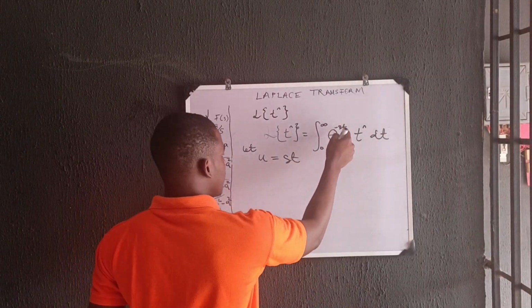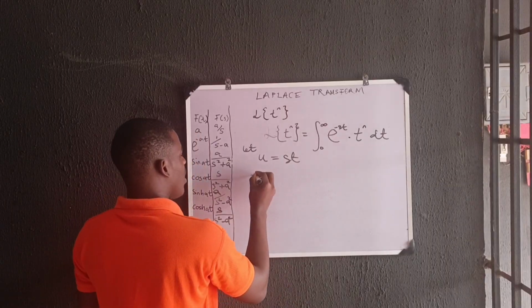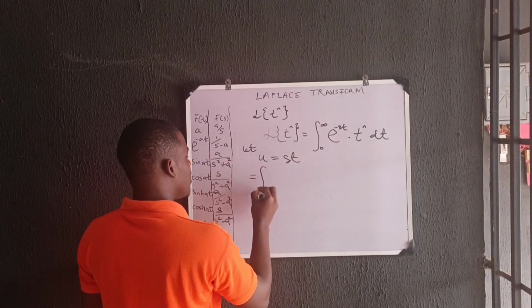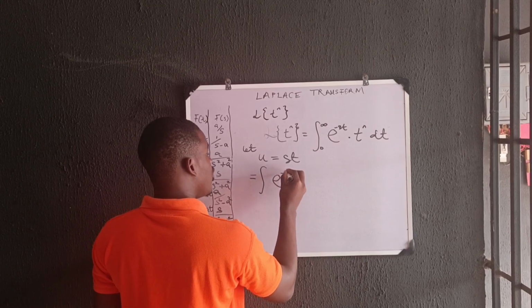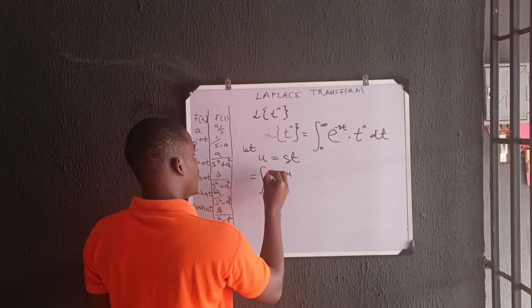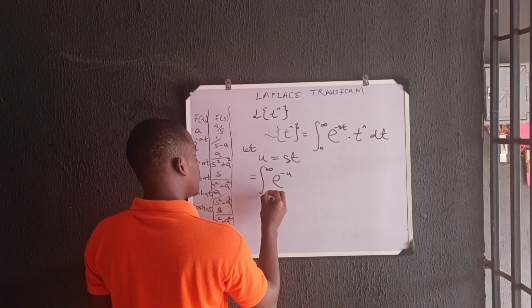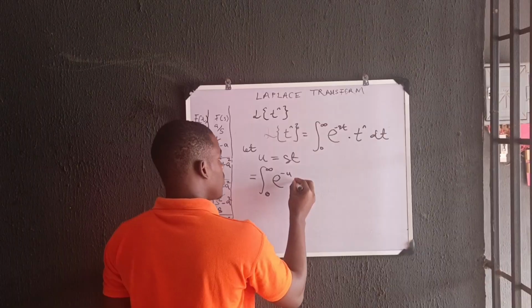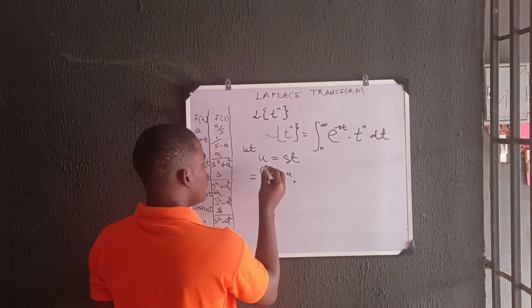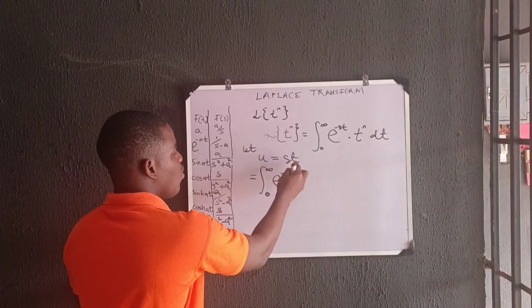So we can substitute it here. What are we then going to have? The Laplace transform becomes e to the negative u, right? E to the negative u times what? If u is equal to st, what would t be equal to?